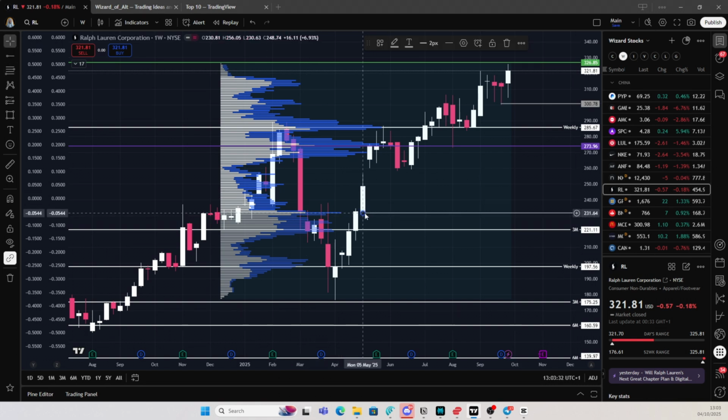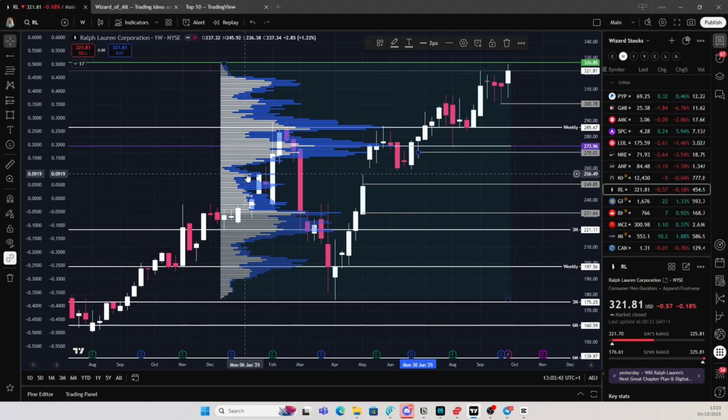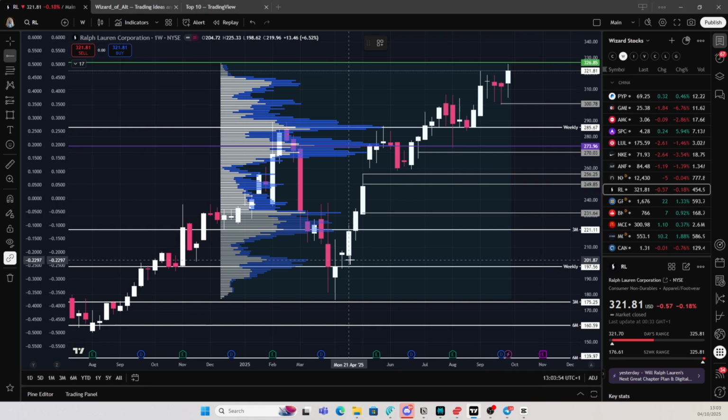We've got here. We also have here. Got one just below this volume point here. A very interesting point that sticks out here, slightly above at 256, and then we have that there.